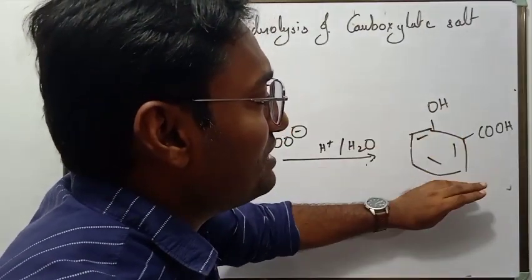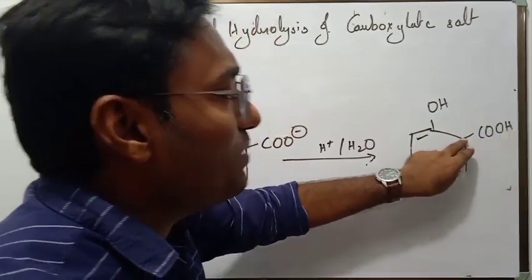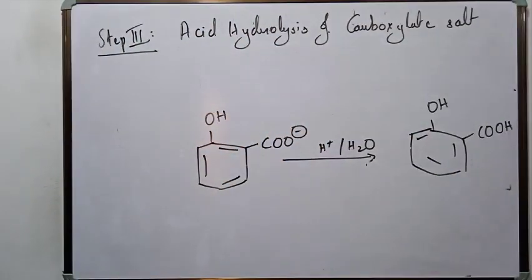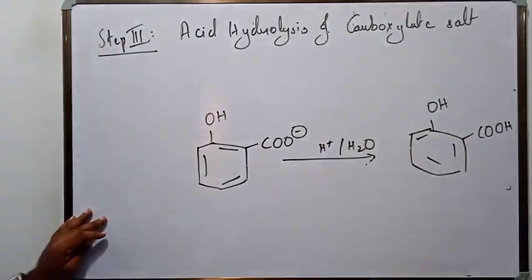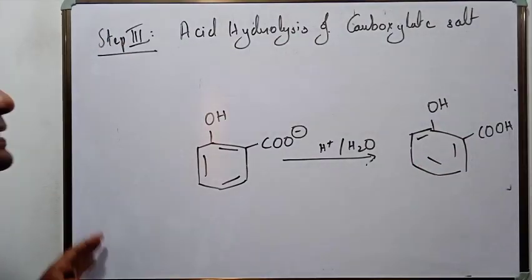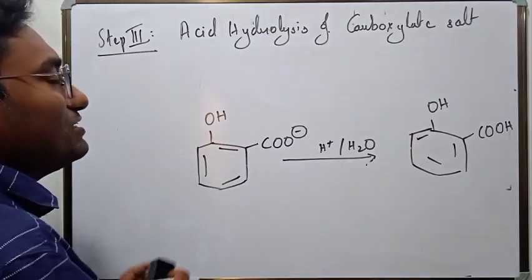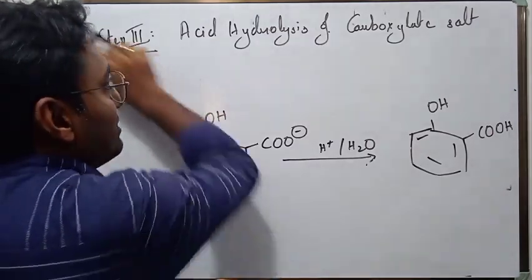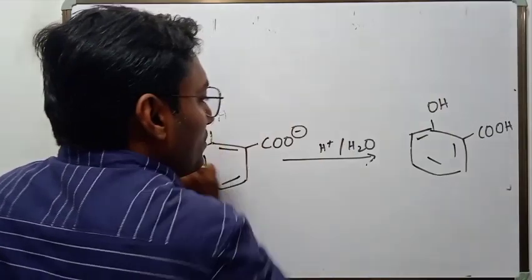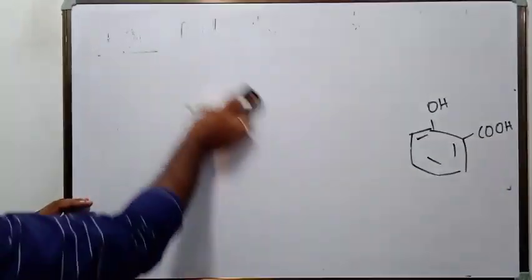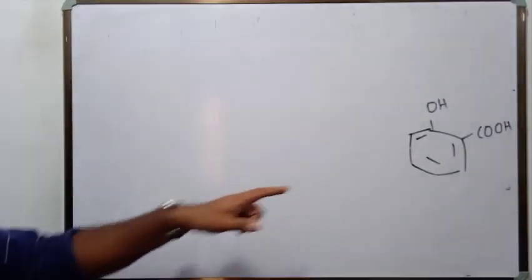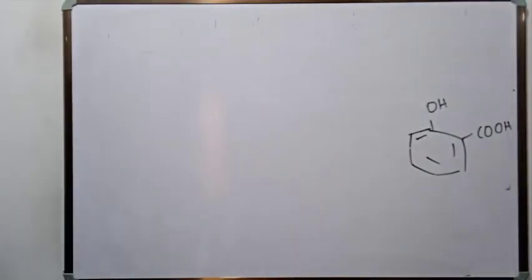As you have seen, it is the introduction of a COOH group at the ortho position with respect to the hydroxy group of the benzene ring. Now let us discuss the significance of Kolbe-Schmidt reaction. So we can prepare salicylic acid, and we can make aspirin through salicylic acid.